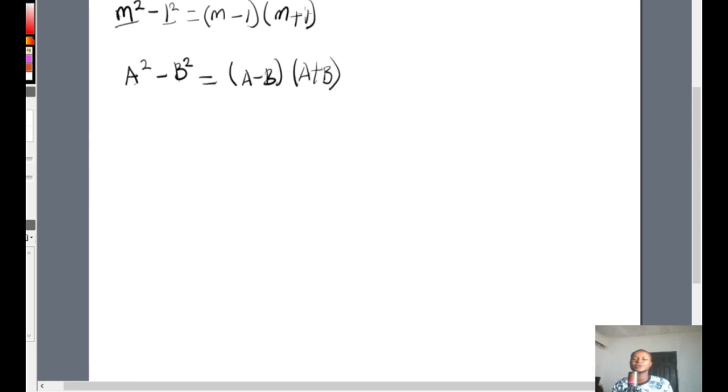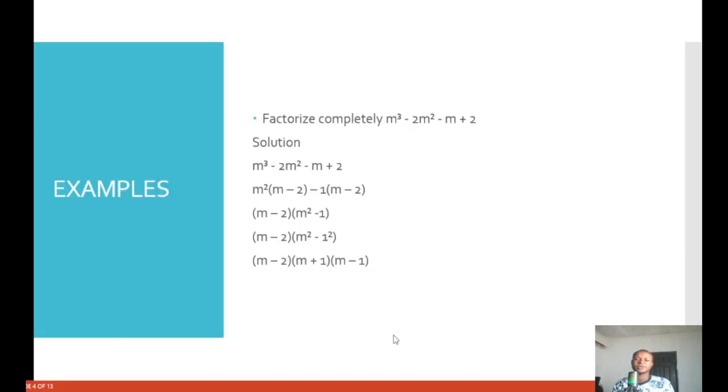So here you will see that that is what we have actually simplified the work to. You can see we have m squared minus 1 squared. So I'm going to have one side as a positive side and the other side as a negative side. So here I can see that it's very simple and is what we can actually work with. So here we have the final result.